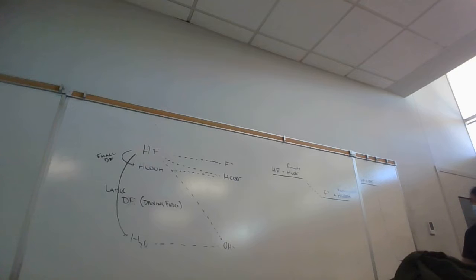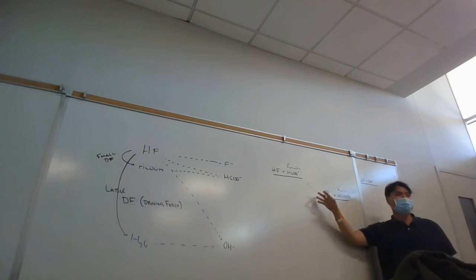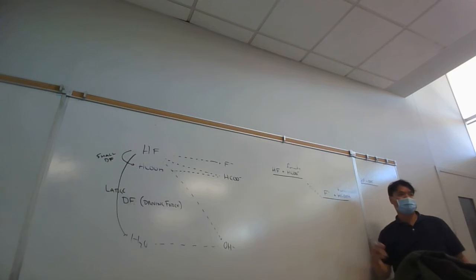And the products of this reaction are much more stable. Stability is related to the bonds. If you have stronger bonds, it's more stable, less reactive. And so in this case, we're going to have proton transfer, so we're going to have the fluoride and H2O. And so this is what we call downhill here, and this line isn't as far downhill here.